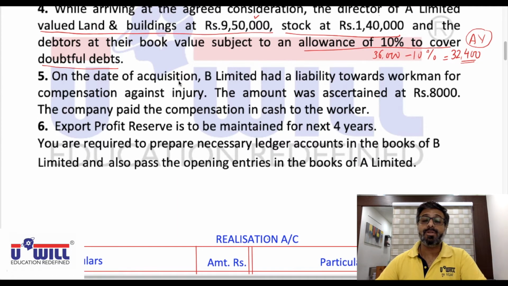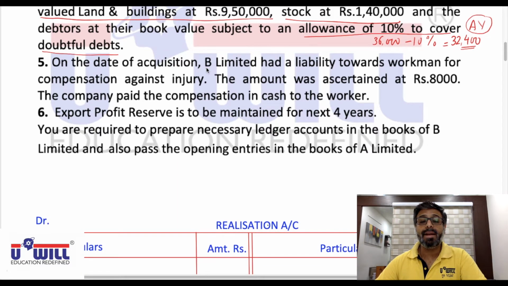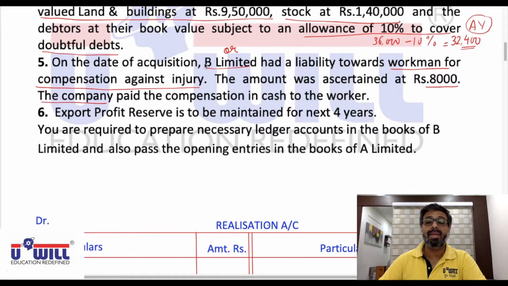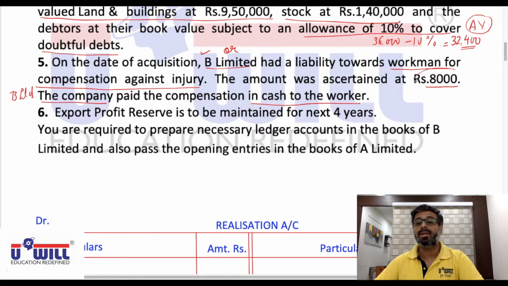On the date of acquisition, B Limited, which means we are talking about the transferor company only, had a liability towards workmen for compensation against injury. The amount was ascertained at 8,000 rupees, and the company, meaning B Limited itself, paid the compensation in cash to the worker.